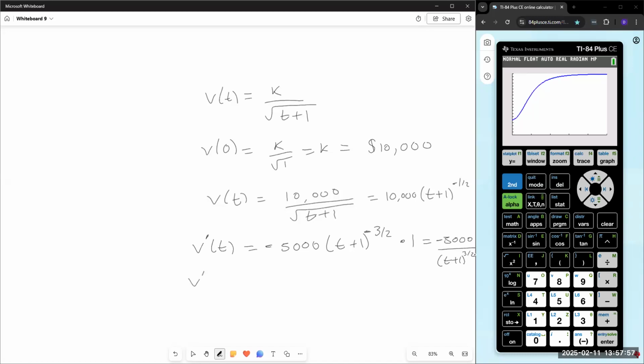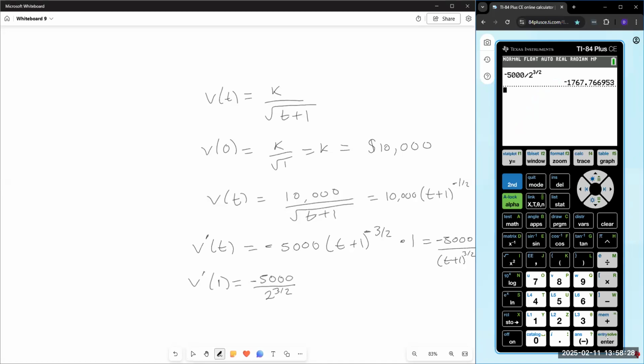So we want V prime of 1, which is going to be negative 5,000 over 2 to the 3/2. Negative 5,000 divided by 2 raised to the 3/2.